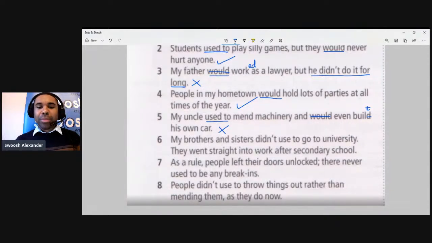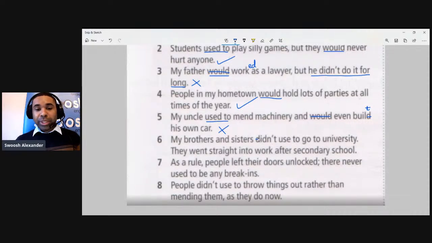Okay, number 6. My brothers and sisters didn't used to go to university. They went straight into work after secondary school. Any thoughts on number 6? So I can see wrong. Wrong is being suggested here. Good.